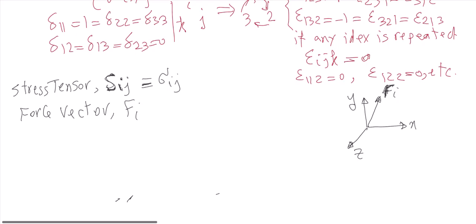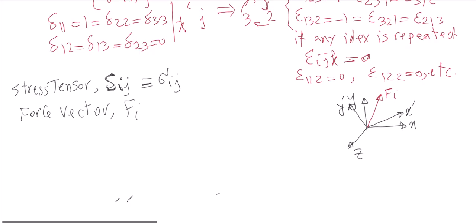This is your vector. Let me try it in different colors so it doesn't mix up with the coordinates. This is my vector. And then I rotate my coordinates x prime, y prime about z.